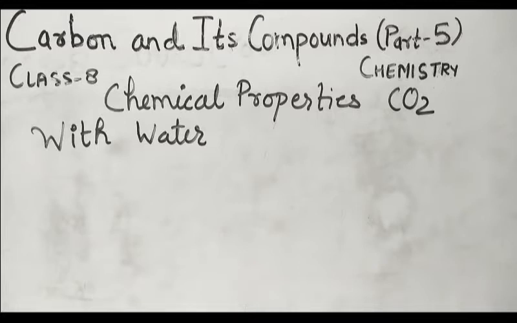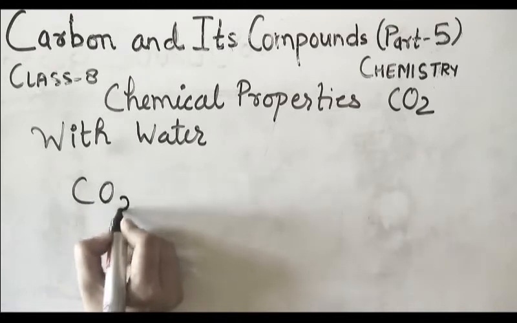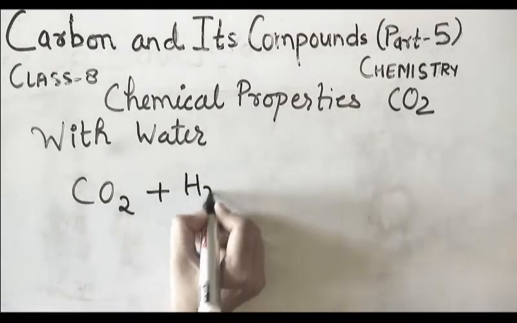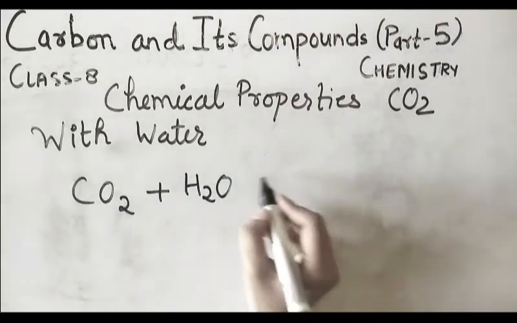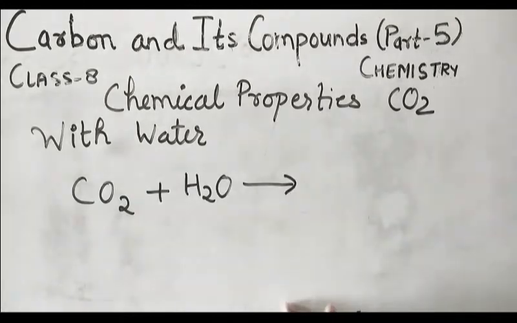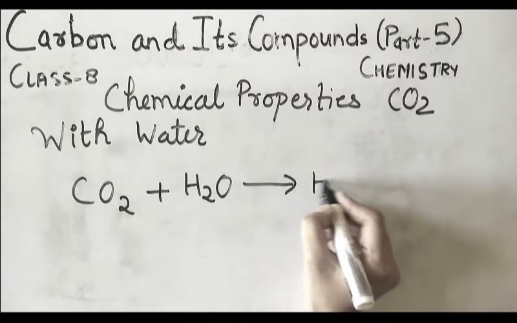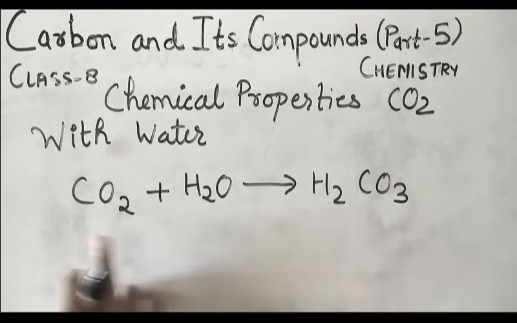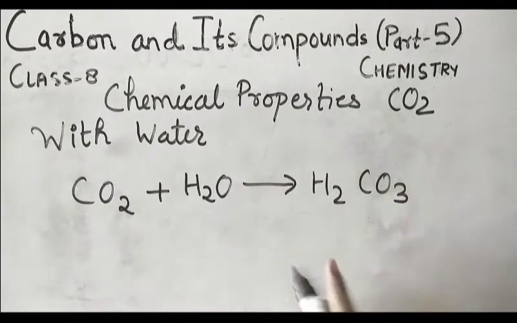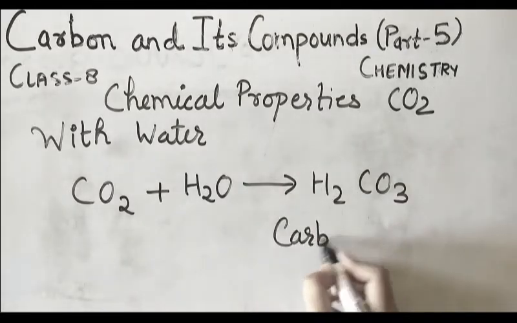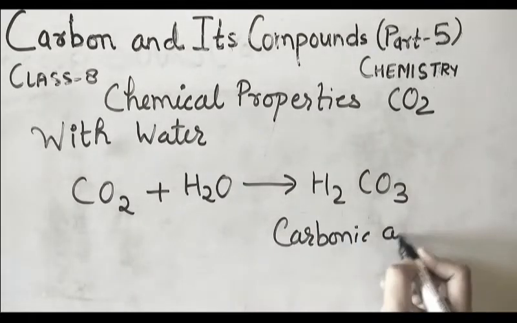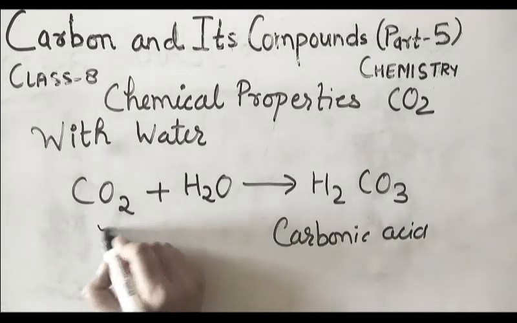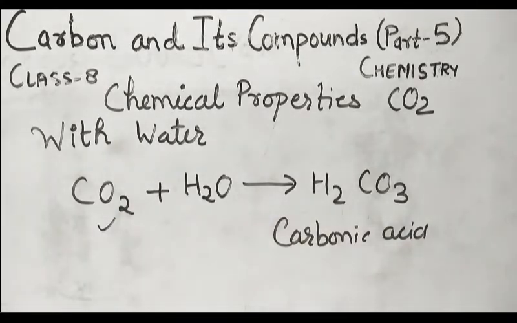So carbon dioxide reacts with water and forms carbonic acid, because it is acidic in nature. So carbon dioxide plus water, that means H2O, is going to form carbonic acid, which is H2CO3. It is carbonic acid. Carbon dioxide reacts with water and forms carbonic acid, because it is slightly acidic in nature.